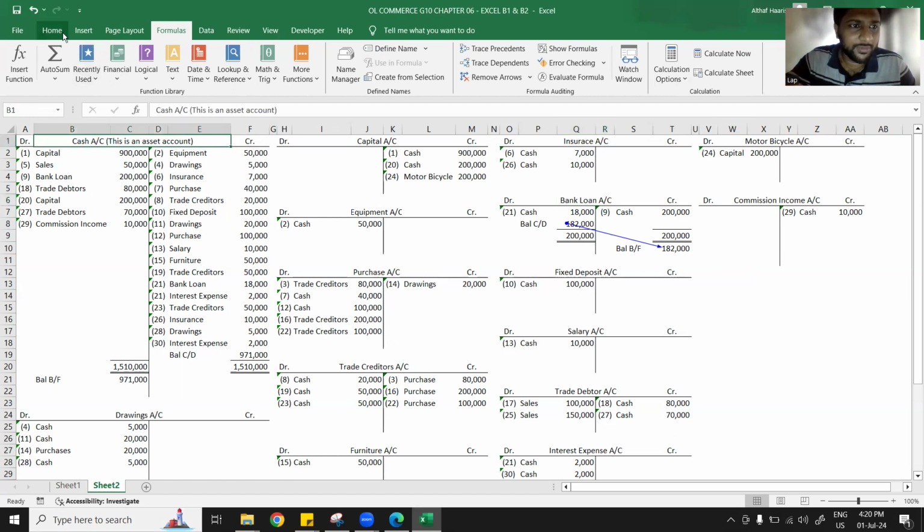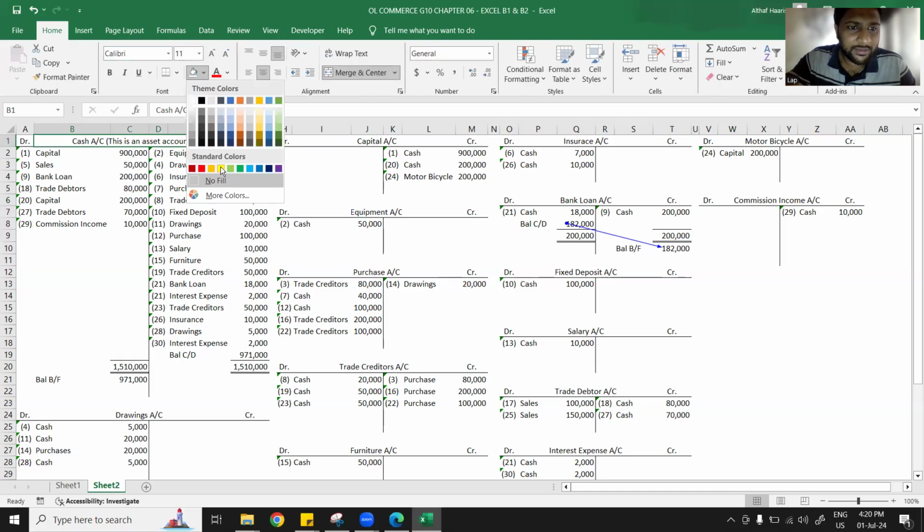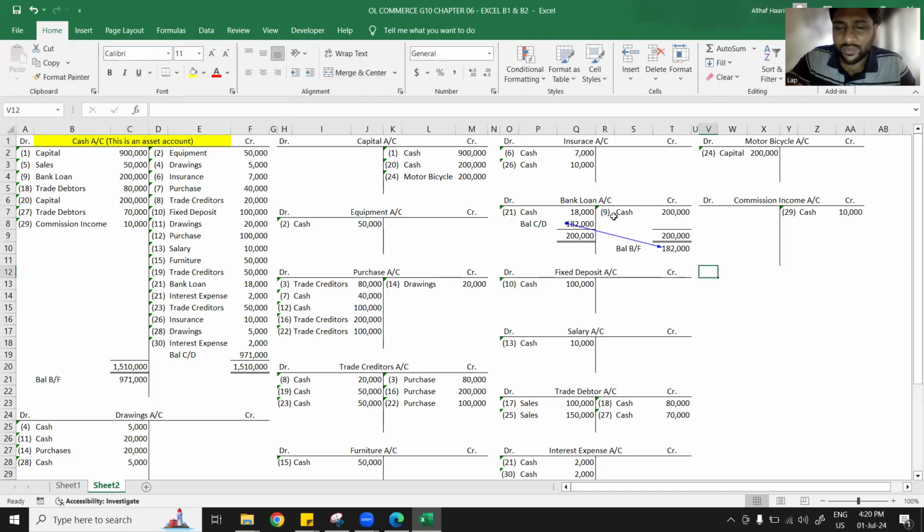So I'll put a tick, I'll color it for the accounts that we completed. Tell me, children, bank loan is asset or liability for the business? Liability.